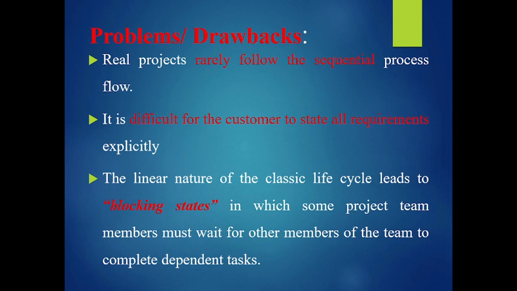Then the linear nature of the classic lifecycle leads to blocking states in which some project team members must wait for other members of the team to complete dependent tasks. For example, if the planning team is working, the deployment or code construction team has to wait till the requirement phases are over.